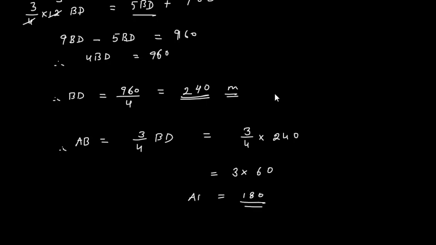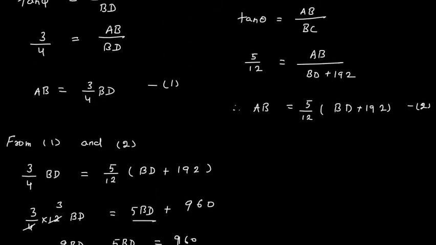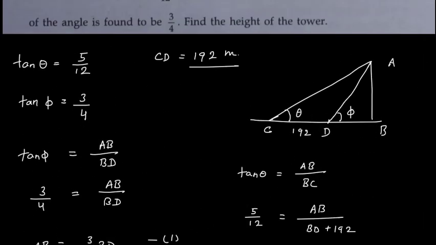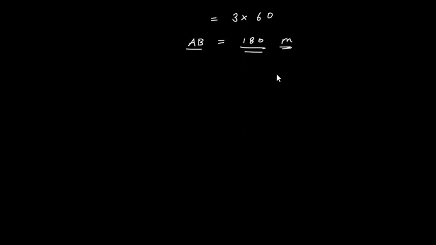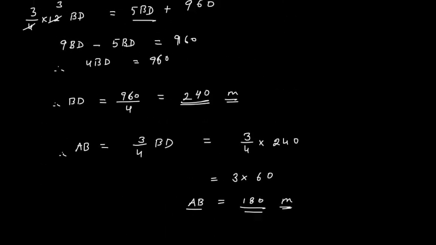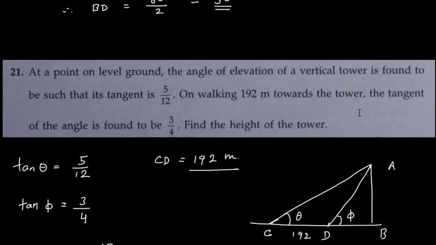So the value of AB is 180 meters. Value of AB we got 180 meters. So we had to find the height of the tower. So therefore the height of the tower is equal to 180 meters. This is the height of the tower, what I had to find out.